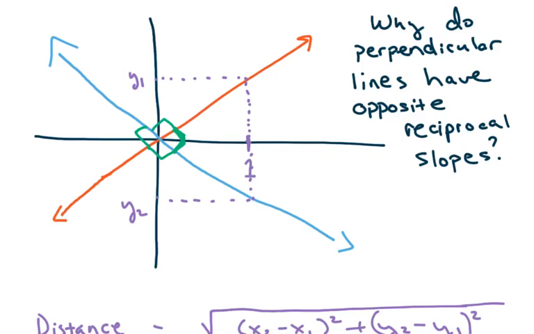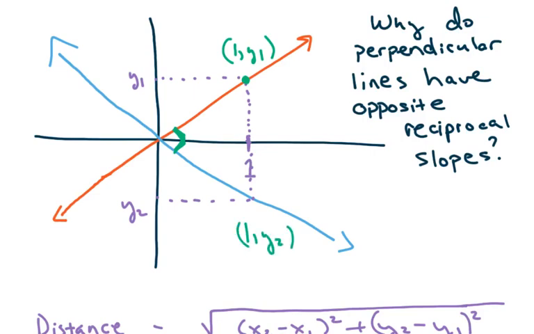We use a little box to indicate 90 degrees. Okay, so what do I know here? Well, I took a random point. I'm going to use 1 here. I could use any point, but this is 1. This point here is (1, y1), and this point here is (1, y2).